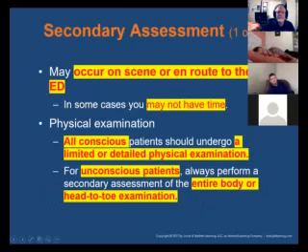All right. Secondary assessment in a critical patient is done en route to the hospital, right? Done on the scene if you have time, if they don't have a life-threatening condition. My method differs with the book here. All conscious patients should undergo a limited or detailed physical examination.